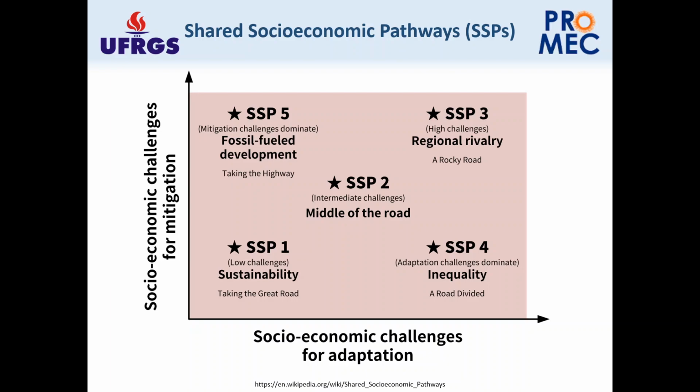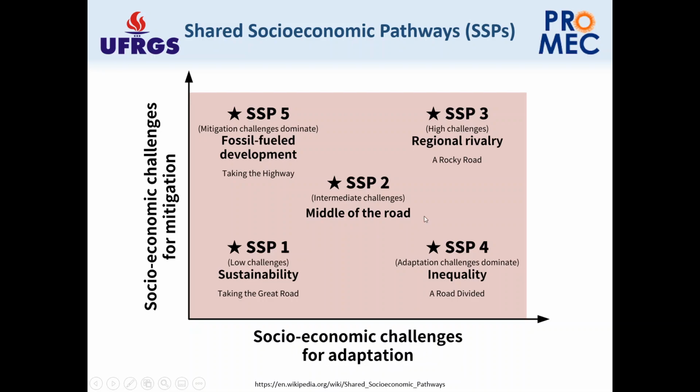So this is a graph showing, for example, five SSPs, which are the most important ones, and how they fit in these X and Y axes. So the axes show the socioeconomic challenges for adaptation.